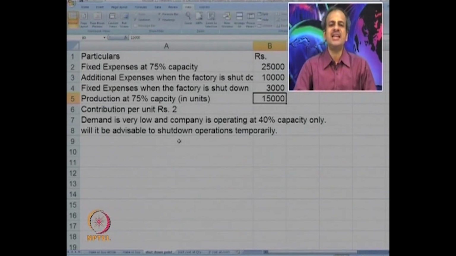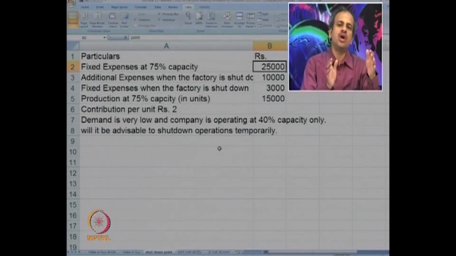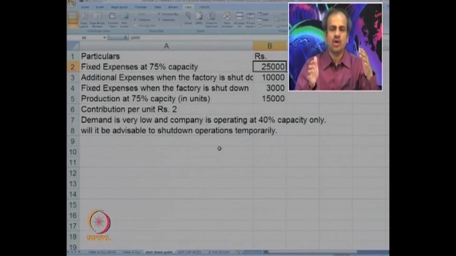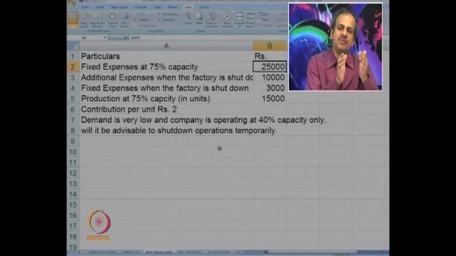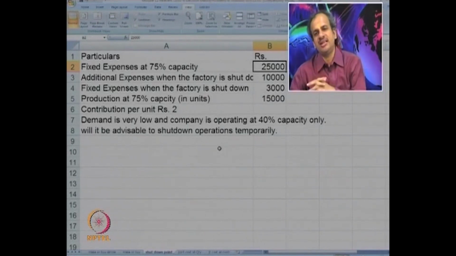Now here you can see that as long as we are operating at 75% capacity, our fixed costs are 25,000. And as you know, fixed costs do not change with the level of activity. So even if the capacity is 50% or 40% or 30%, the fixed costs will remain the same.